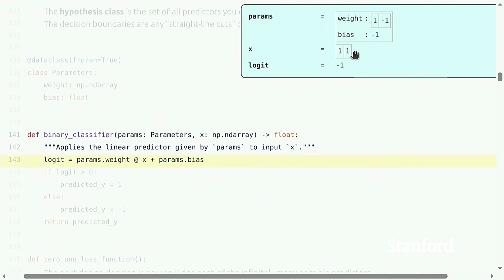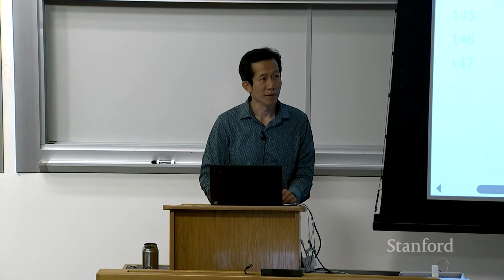That gives me 0. Add the bias, and I get -1. And that's the logit. Okay, and as before with a fixed predictor, I can look at whether the logit is greater than 0 or not, and use that to make a prediction. In this case, the logit is negative, so I predict -1.